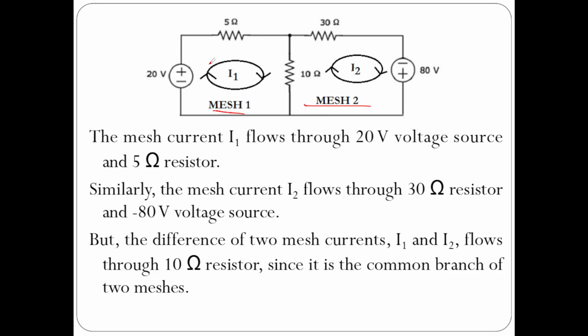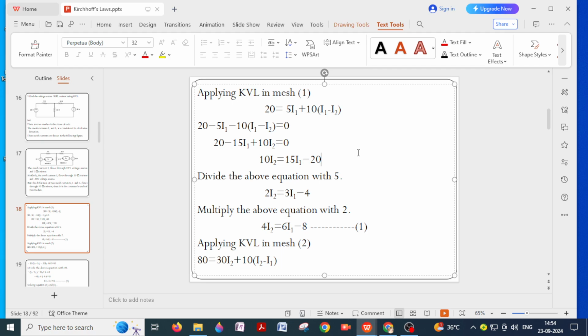So now let us apply KVL in mesh 1. If we apply KVL in mesh 1, the algebraic sum of source voltages in mesh 1 is only one source, so 20 volts.